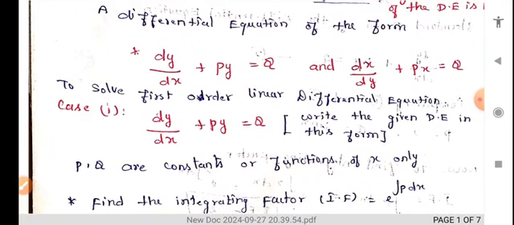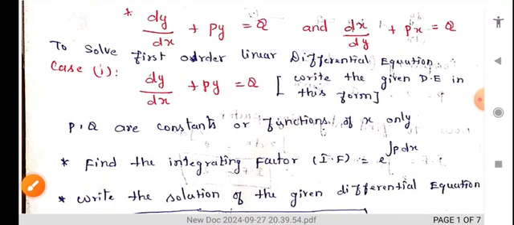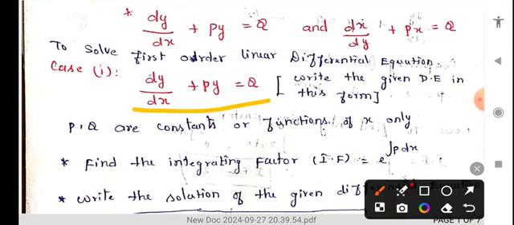Simple step only. First you have to check whether the given sum is in the form of dy by dx plus py equal to q or not. If it is not given in that form, you have to arrange it in this order.